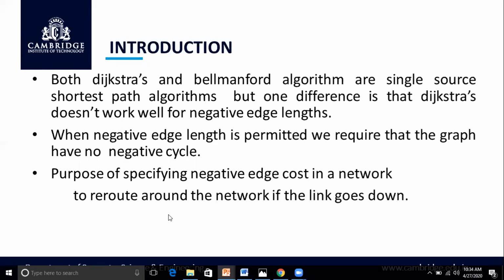Now, if I specify a negative edge, that will be the smallest edge, isn't it? Yes, sir. So if I keep on selecting the smallest edge, there might be a chance that I get a cycle. A cycle is nothing but a loop.